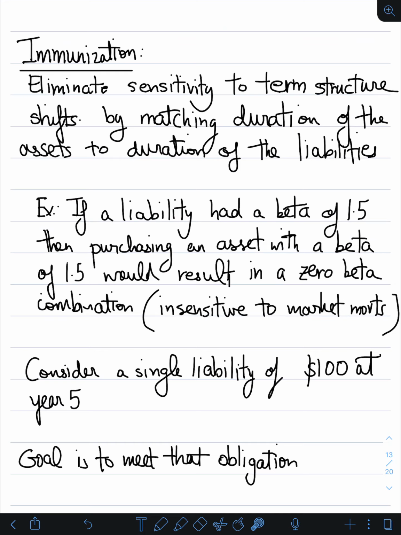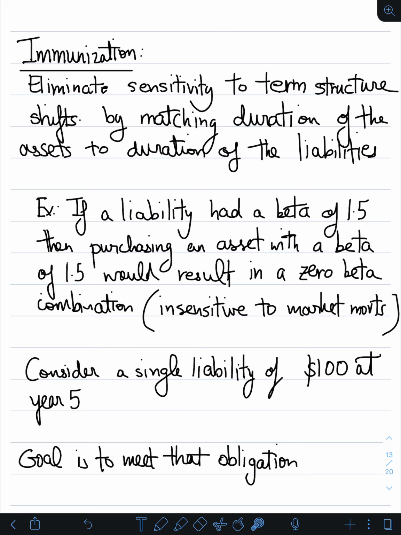It would be insensitive to the market movements, because if you think about it, the liability is sort of a negative value, so you could think of it as negative 1.5, and the asset is a positive value, a positive 1.5, and when the market moves, the 1.5 and negative 1.5 will cancel each other out, and your portfolio will have a zero movement.